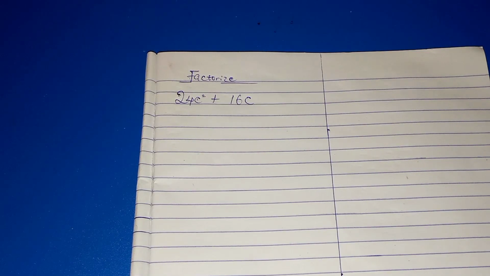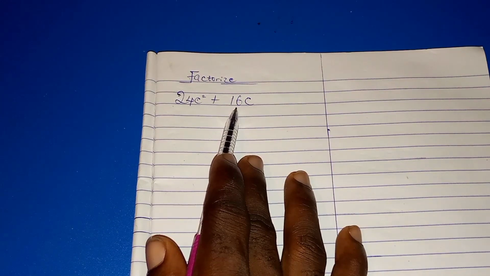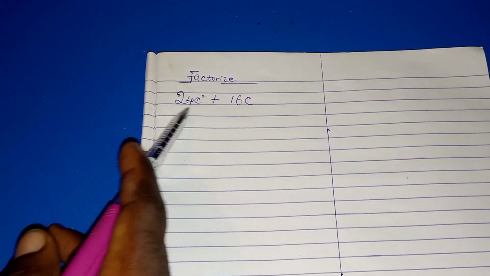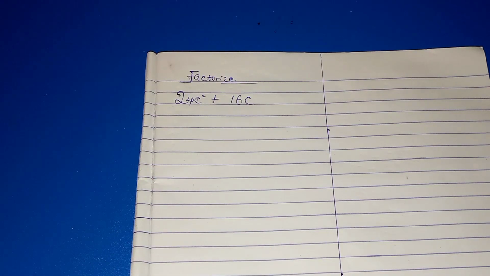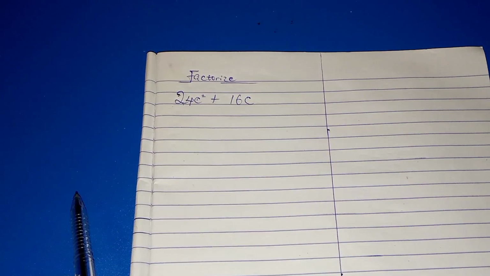Factorization is a process in algebra whereby we break down a given expression to obtain a certain value. If we multiply that value by other given values, it will give us the original expression. When we break down this given expression, we are asked to obtain one single value or number which, if we multiply it by other numbers, will result in the original expression.